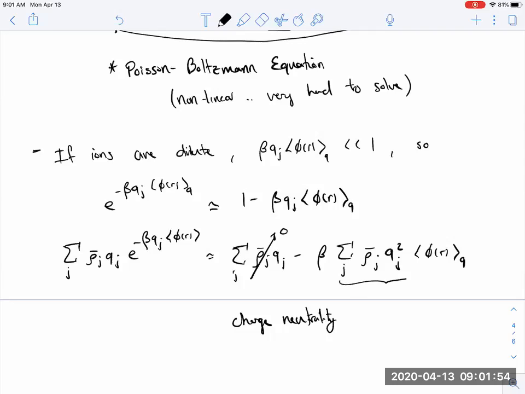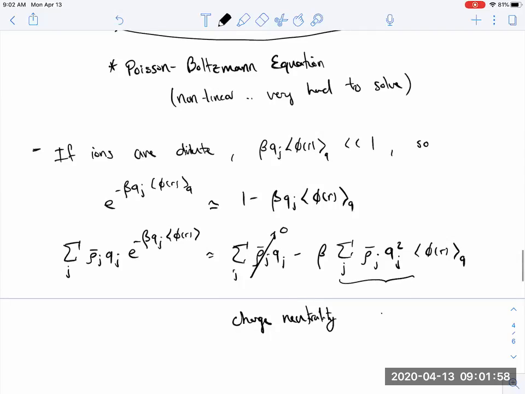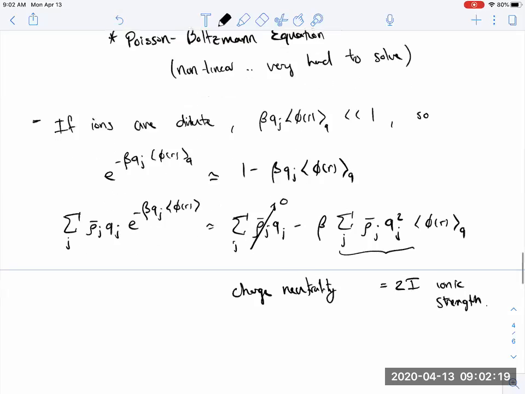This term, the density weighted by its charge squared, we will define as something known as the ionic strength. It's essentially the simplest summary of how much charge we have, because if we just ask for the total amount of charge, charge neutrality dictates that that is 0.